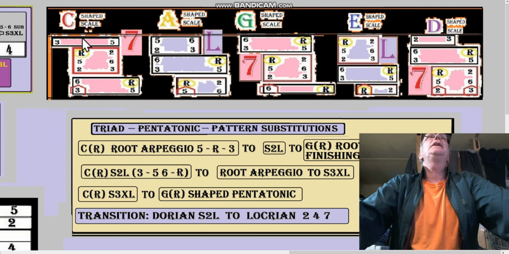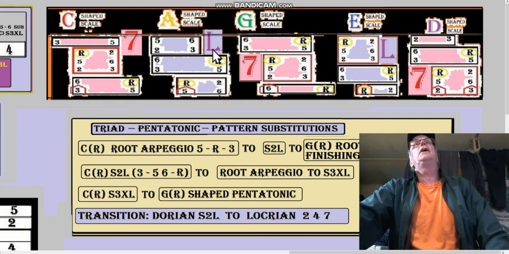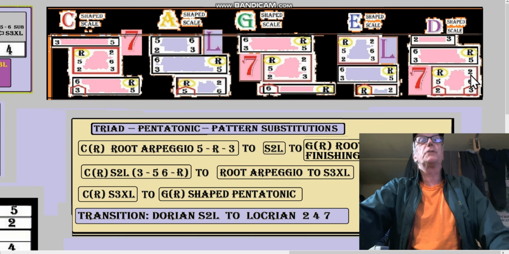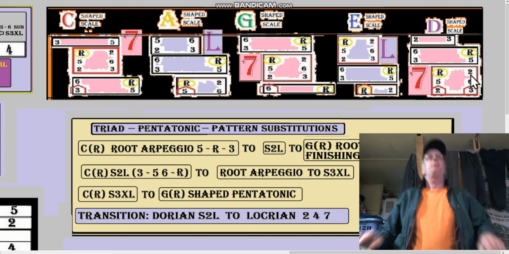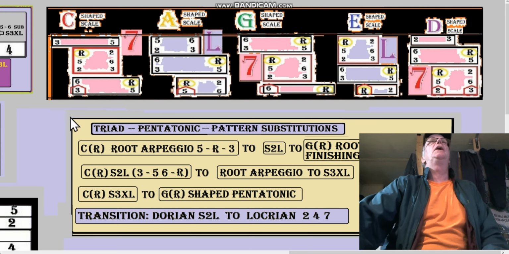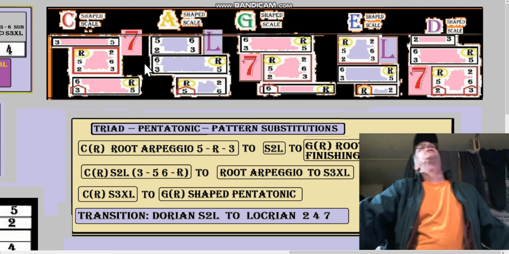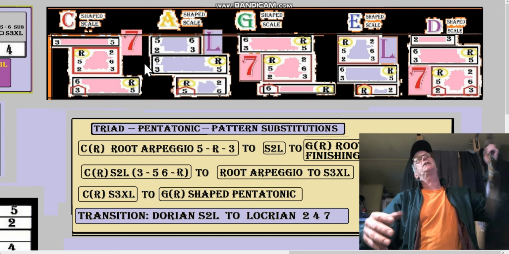Just want to show you here. This is an unwarped, all P4 tuning old diagram, but it works so well I keep bringing it back. We have the S2L here. The pentatonic scales are really just these boxes.